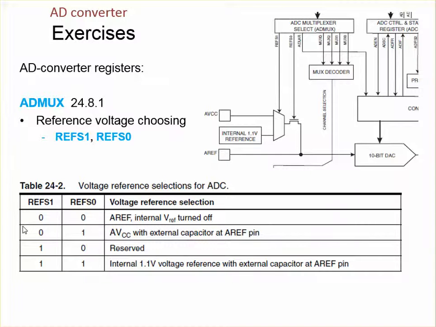So for example, if we would like to use our analog supply voltage for the reference voltage, we will choose this option. Put REFS1 to 0 and REFS0 to 1. Then we are using the analog circuit supply voltage for the reference.